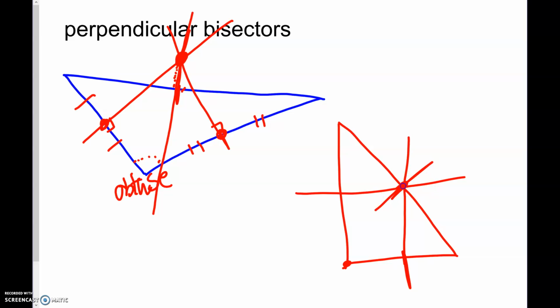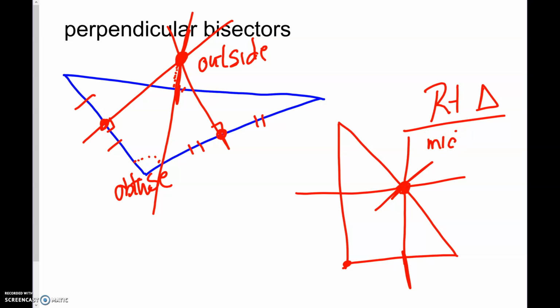So if it is a right triangle, they meet at a very specific point, and it's not inside the triangle like acute, or outside the triangle like obtuse. If it is a right triangle, it meets at the midpoint of the hypotenuse. Midpoint of hypotenuse. All of this information I have coming up on a screen.